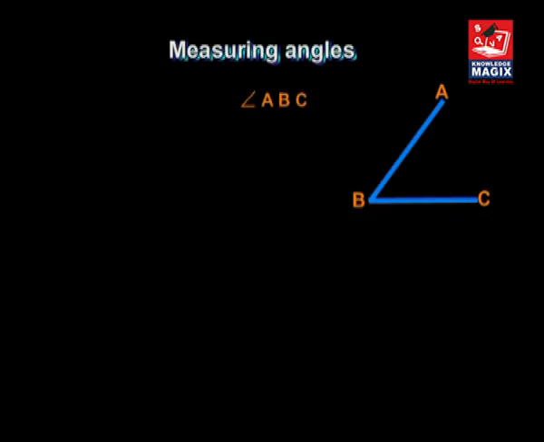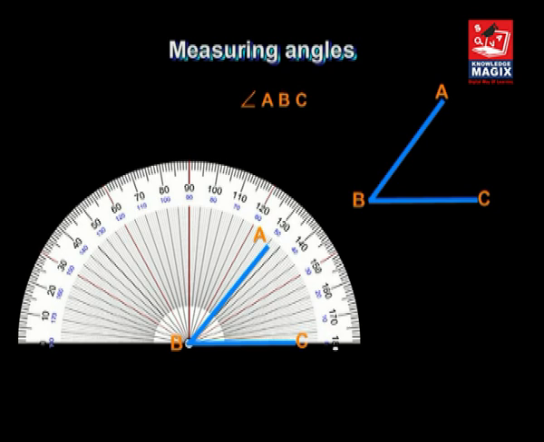Now measuring angles. Here you can see an angle ABC. Now we are going to measure angle ABC using a protractor. First, put the center of the protractor on the vertex B of the angle. Place the baseline on the protractor exactly on arm BC.